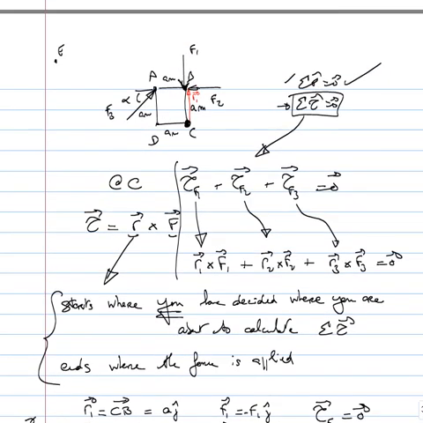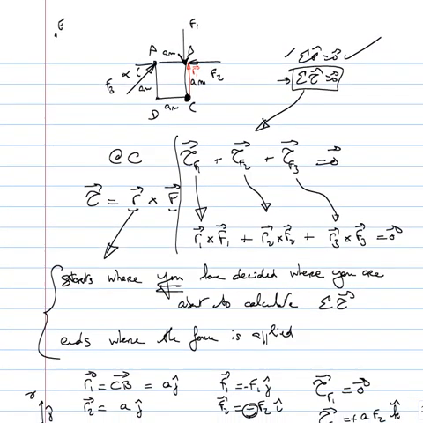Last one, let's calculate the torque due to F3. So R2 was exactly the same as R1. Now R3 needs to start at C, because again, it's the point at which we decided to calculate the torque.